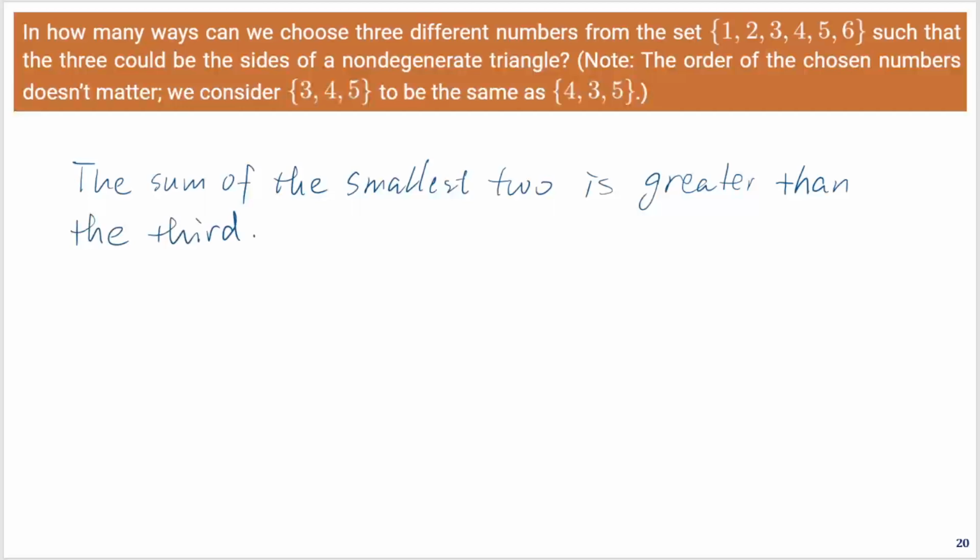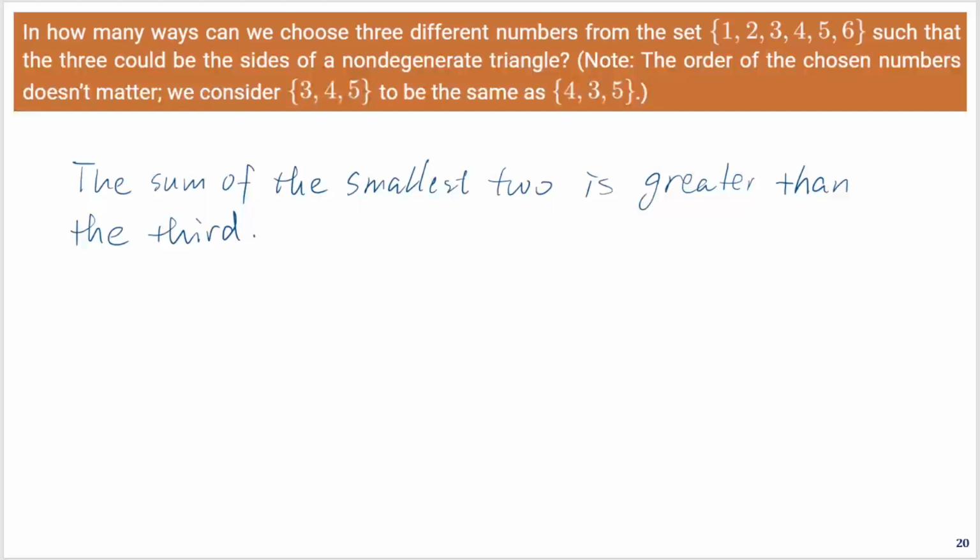That'll make these 3 lengths a non-degenerate triangle, right? Also make sure you see why. Because the sum of the largest two sides is always greater than the third one, right? You don't have to prove that. So as long as you make sure the sum of the smallest two is greater than the third, then you can have a triangle.